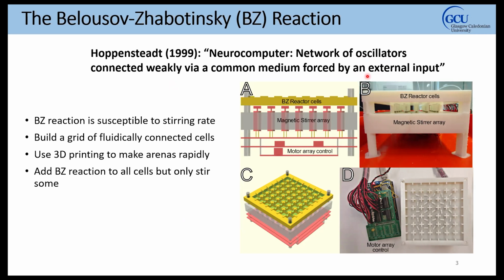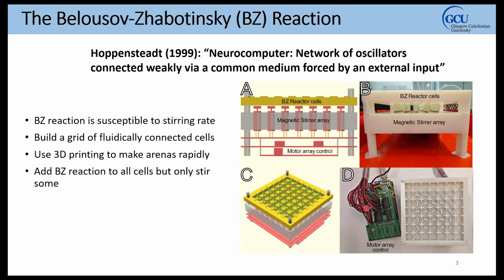The magnetic stirrers oscillate the chemistry, and depending on how the stirrers are going, the chemistry will oscillate in different ways. Then we try to put this together into computations and eventually CAs.